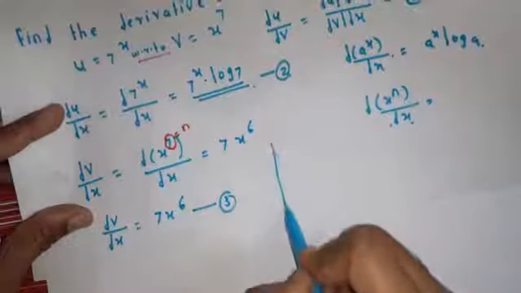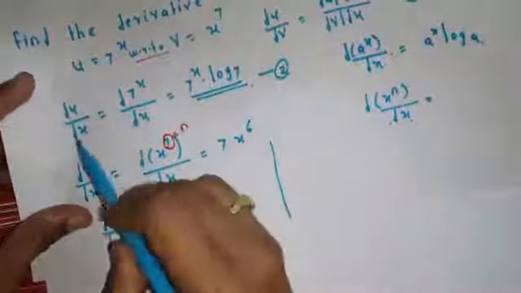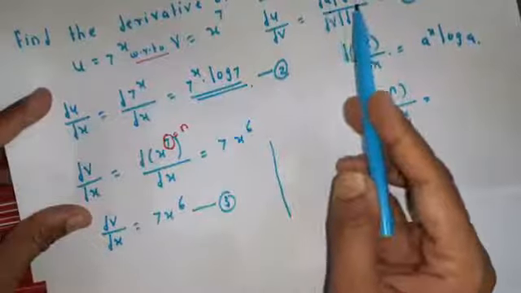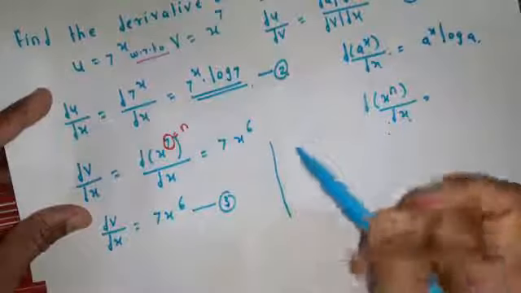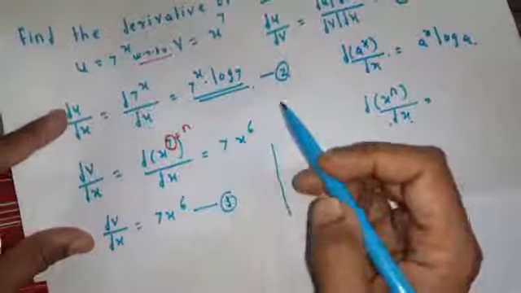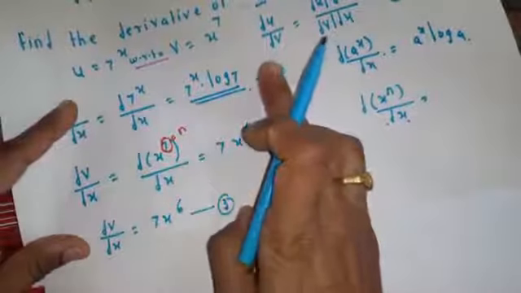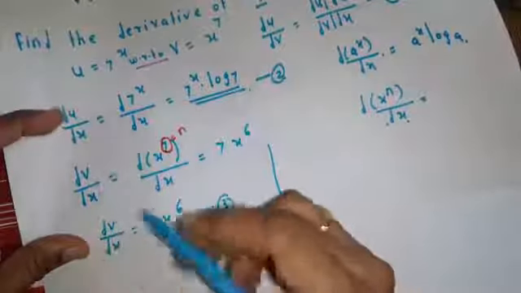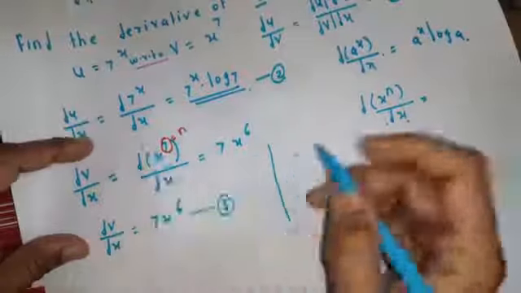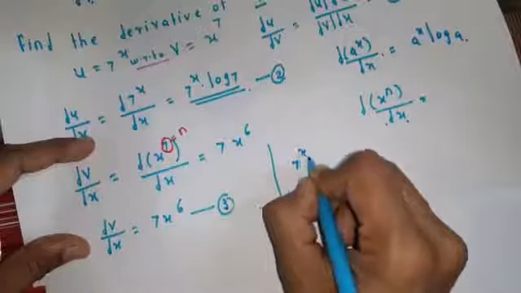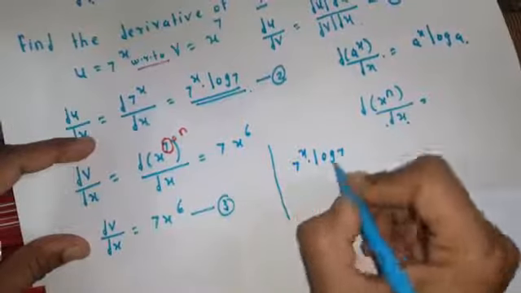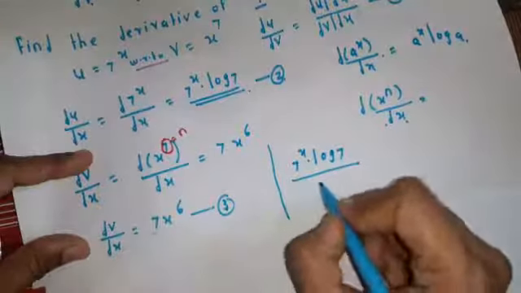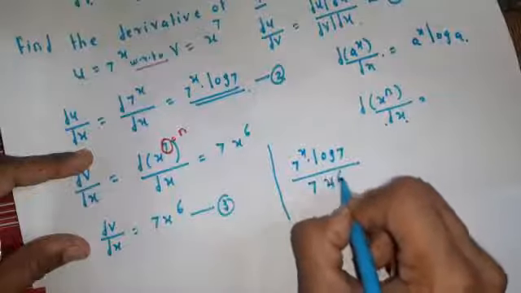So put the value of 2 and 3 in equation 1. That is du by dv equal to du by dx upon dv by dx. So what is the value of du by dx? The value of du by dx is 7 raised to x into log of 7. And what is the value of dv by dx? That is 7x raised to 6.